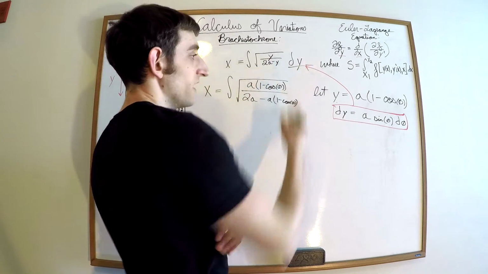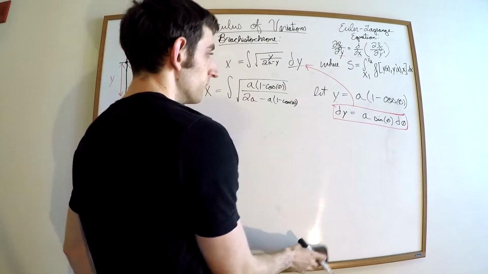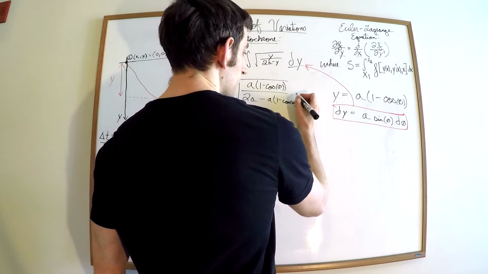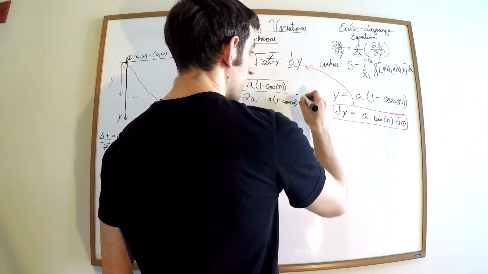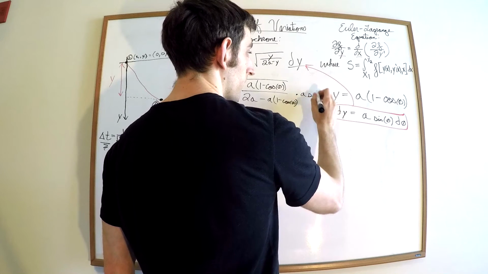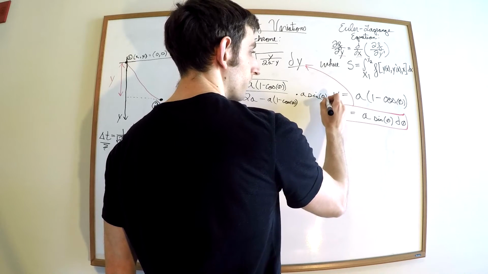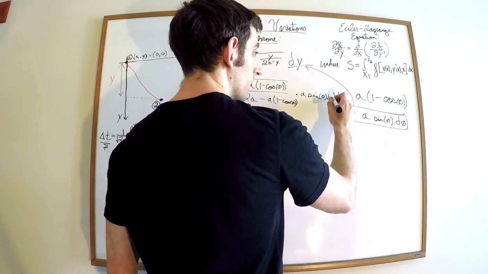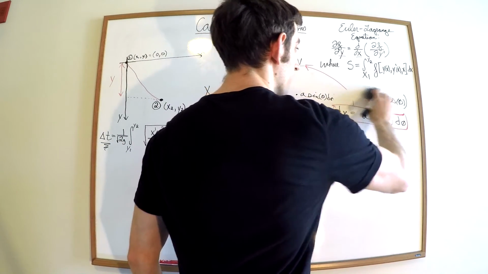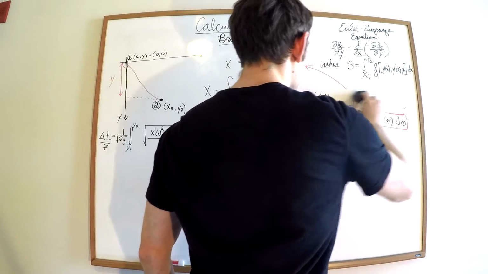So now we need to replace the dy. I'm going to need a bit more room, so I'm going to erase that. Outside of the square root, we just plug this guy in. We get a sine theta d theta. Let me make this a bit bigger, it's easier for you guys to see.